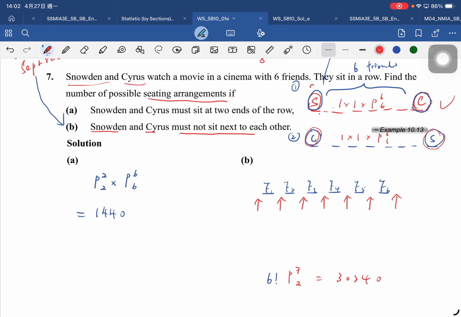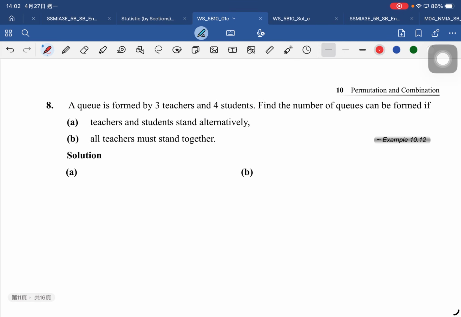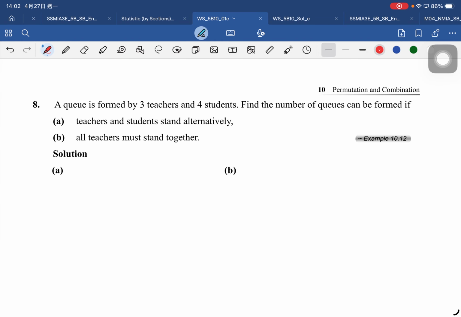Okay? Alright, if you don't have a problem, there is another way to do this question. Maybe later I will describe it. Okay. So it's number 8. Also separation and grouping. Now a queue is formed by 3 teachers and 4 students. Now find out the number of queues that can be formed if the teachers and students stand alternately.